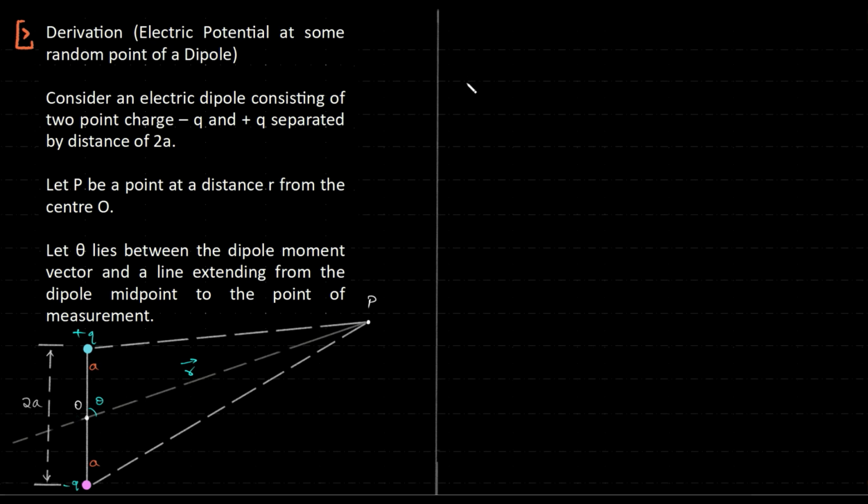Now, first things first, how will we be able to find the potential at a point because of two charges? Well, the electric potential at point P will be the sum of the potential because of the positive charge and the potential generated by the negative charge.